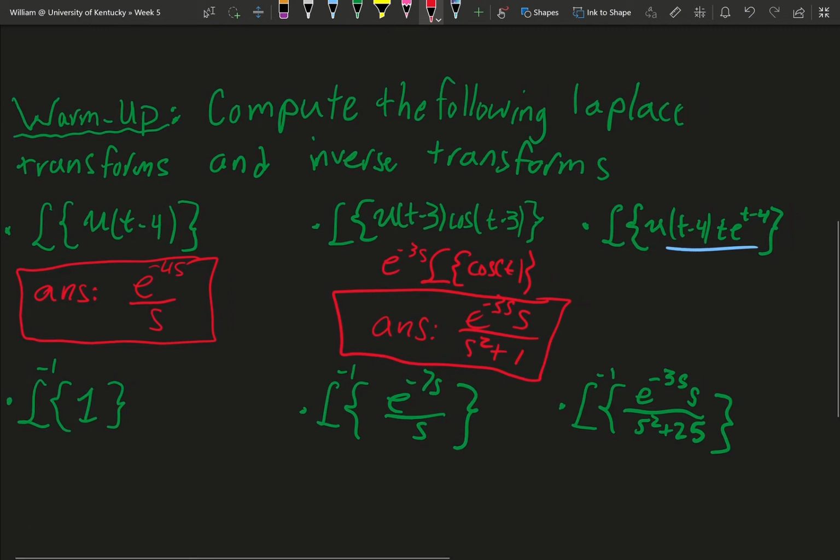This one here, a little bit trickier. Using the same rule, the shift, we get e to the negative 4s times the Laplace transform of t plus 4 times e to the t plus 4 minus 4, or the Laplace transform of t plus 4 times e to the t.